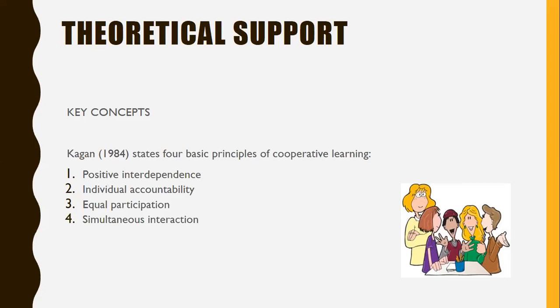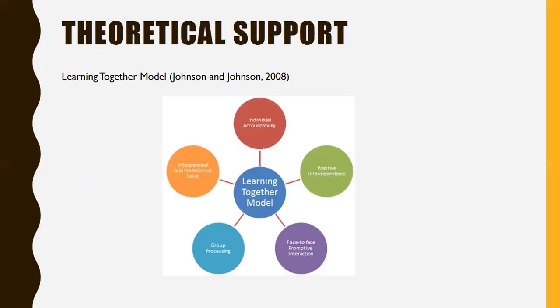But some authors complemented these principles. One of them was Johnson and Johnson, and they included and changed a little bit those principles. They talk about individual accountability, interpersonal and small group skills, positive interdependence, face-to-face promoted interaction, and group processing.